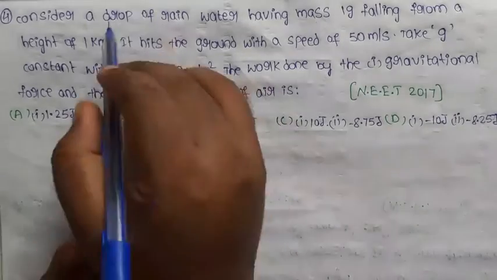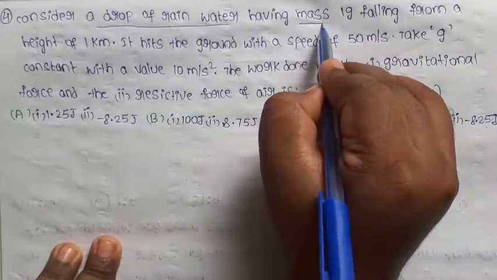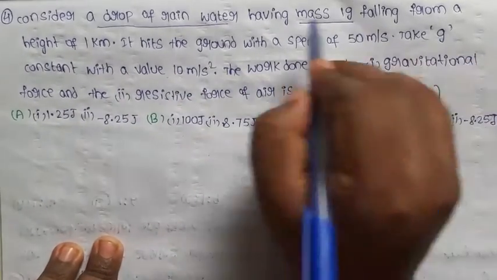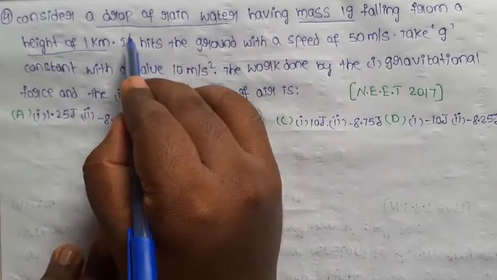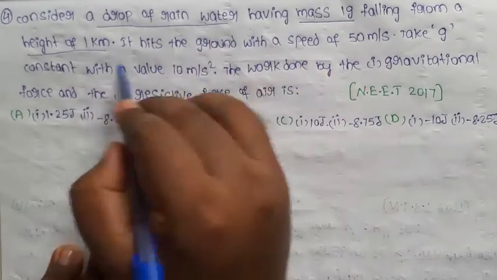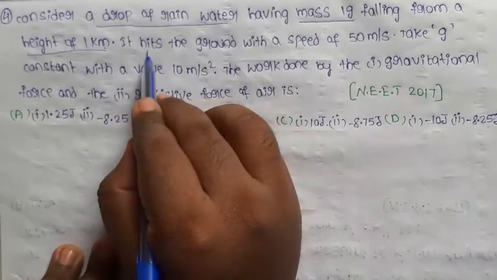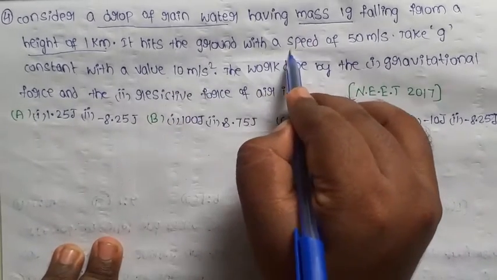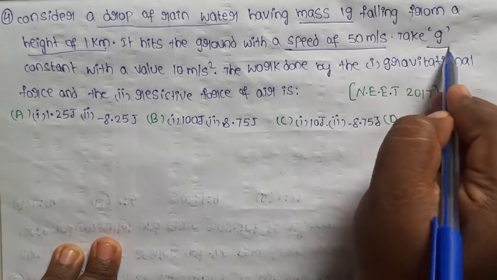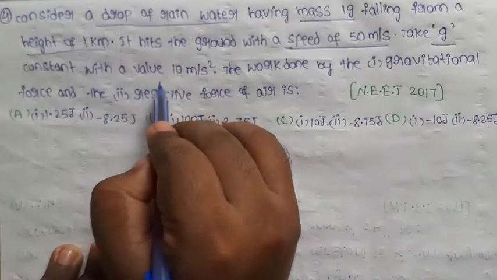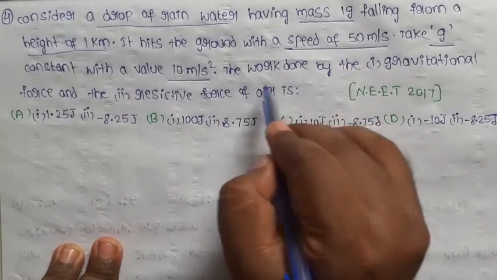Next question. Consider a drop of rainwater having mass 1 gram falling from a height of 1 kilometer. Here the raindrop is falling from a height of 1 kilometer. The mass of the raindrop is 1 gram. It hits the ground with a speed of 50 meters per second. Take g as a constant with value 10 meters per second squared.